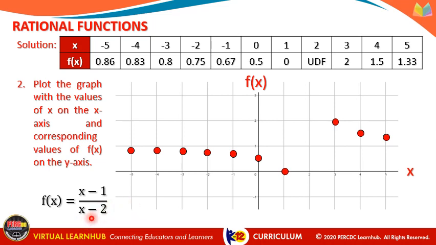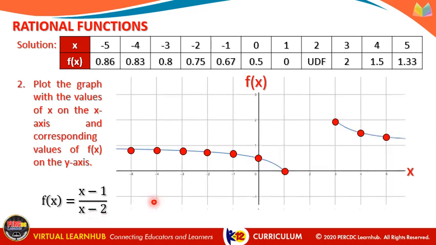Hindi dadaan sa x is 2 yung graph natin. Okay. So, let's say, kinonect natin yung from -5 to 1. Ito yung from x is -5 to 1. Ito naman yung from 3 to 5. Again ha, hindi pwedeng dadaan yung x sa 2, kaya hindi pwedeng i-connect to.